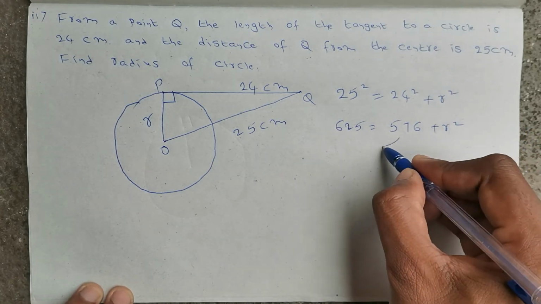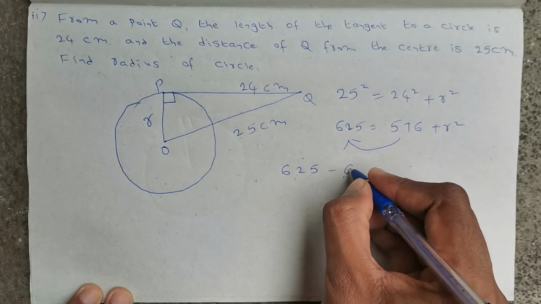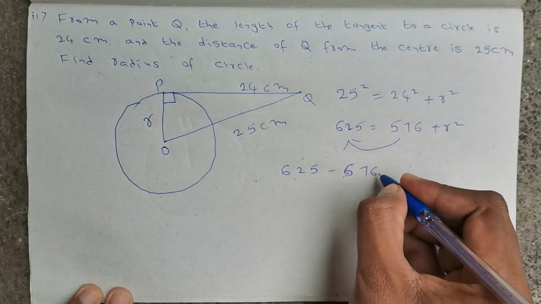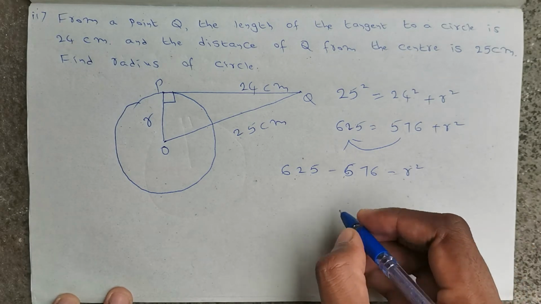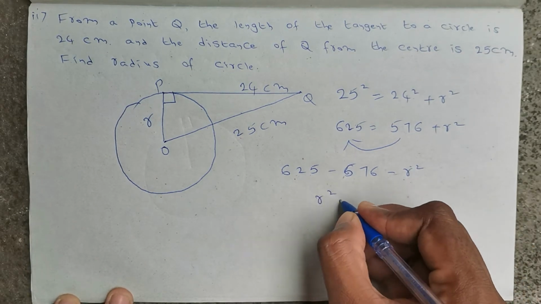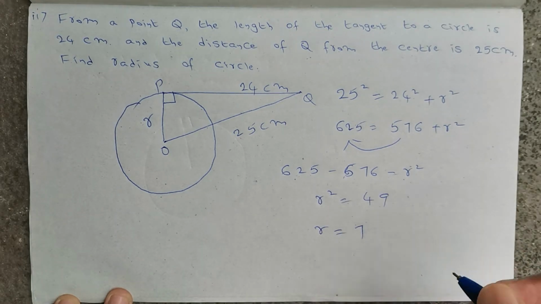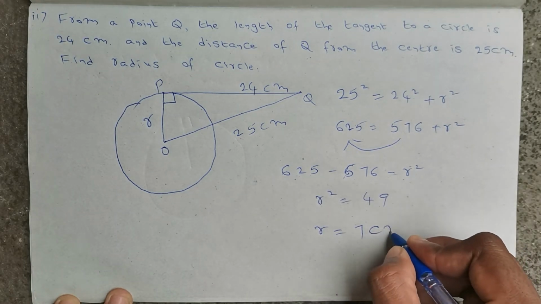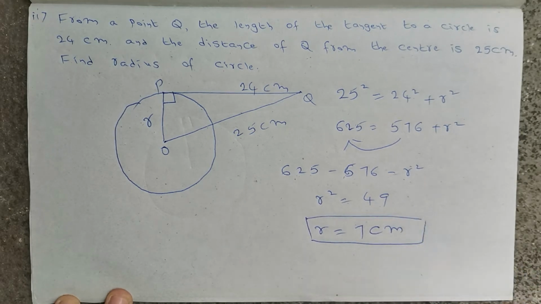I will bring this 576 to the left side, so we get 625 minus 576 is equal to R square. 625 minus 576 is 49. So R square is equal to 49, then R is equal to 7. All the measurements are in centimeters, so the radius of the circle is 7 centimeters.